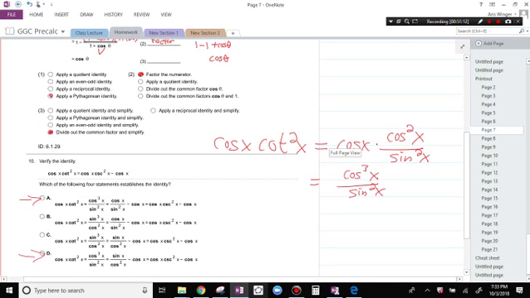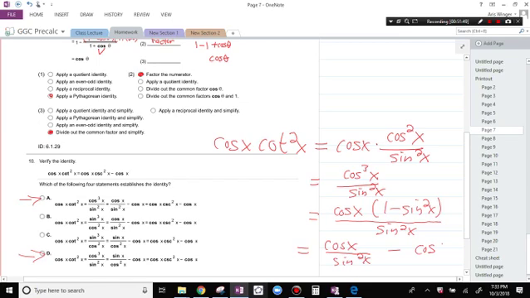Okay, so then I think they want us to change cosine squared to 1 minus sine squared, right? Like this. They want us to do that, right? And then they want us to distribute cosine x over sine squared x minus cosine x. Right.